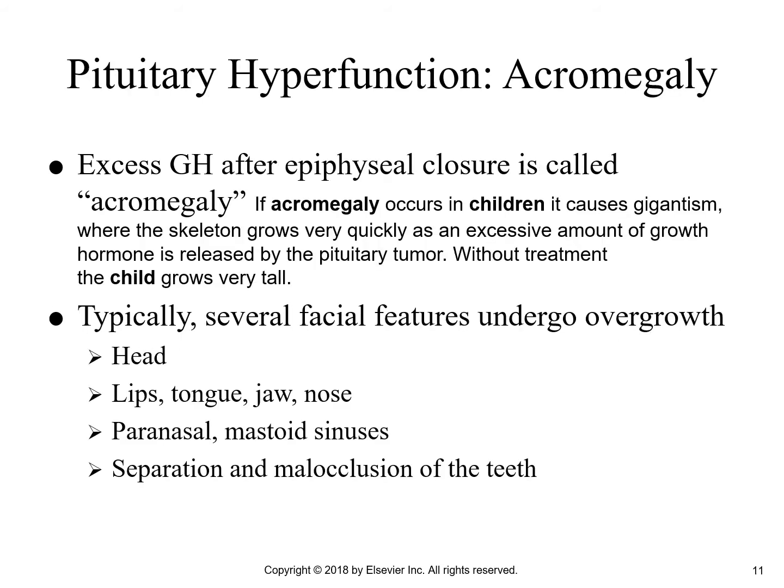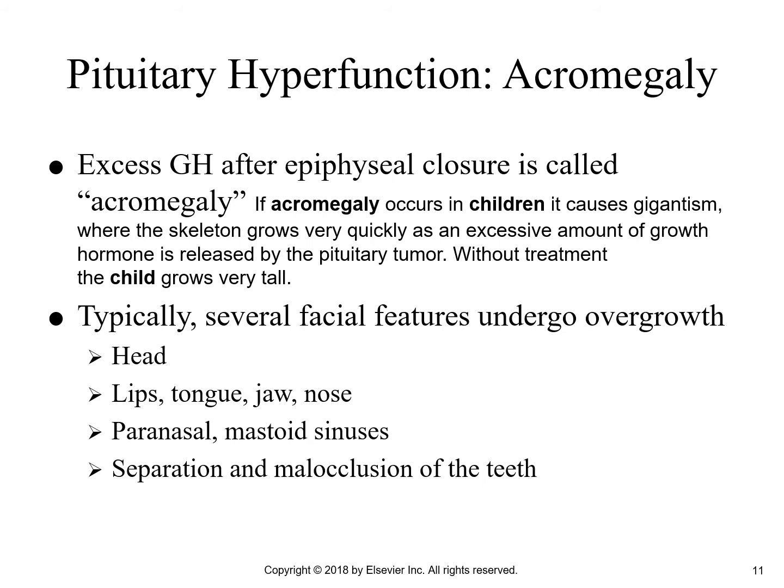Pituitary hyperfunction, acromegaly. Here you can see the definition for acromegaly occurs in children. It causes gigantism, where the skeleton grows very quickly as an excessive amount of growth hormone is released by the pituitary tumor. Without treatment, the child grows very tall.